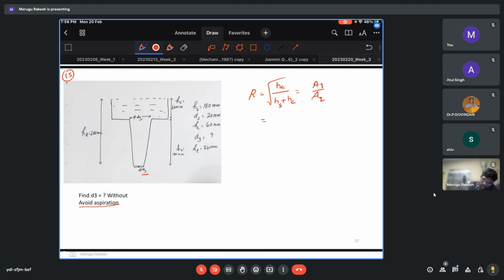And then the question is straightforward. So we have everything here. We have HC, we have this directly given HS plus SC, and A3 we need to find, and A2 is given. So this can also be written as pi by 4 D3 square divided by pi by 4 D2 square.